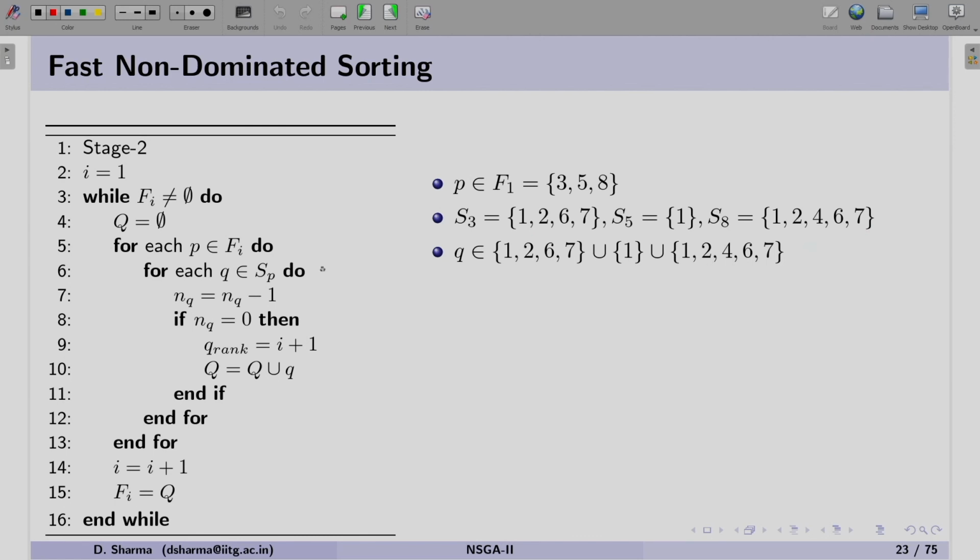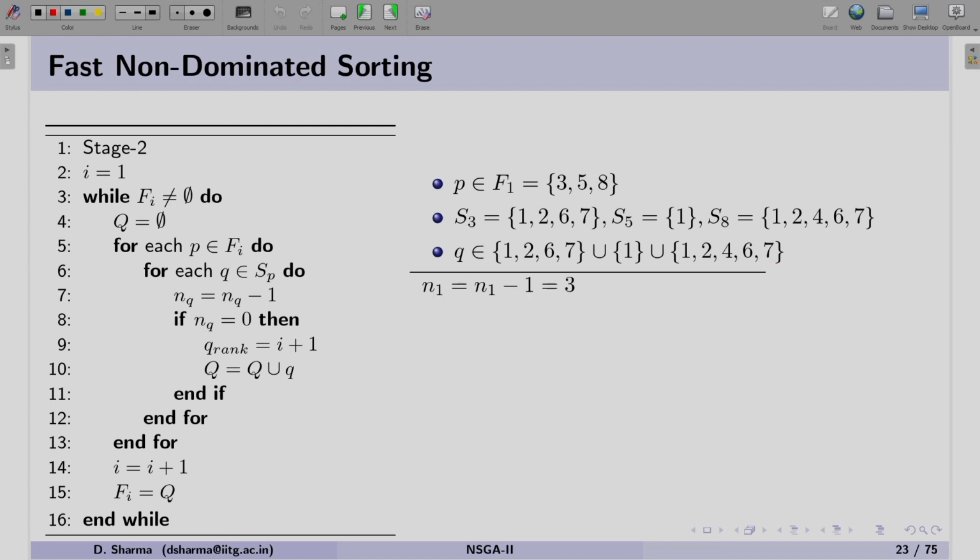Now, if we are going to find the Q, as per our step number 6, Q will belong to 1, 2, 6, 7 union 1 and then union 1, 2, 4, 6, 7. So, these members we are going to take one by one. As suggested in step number 7, we will be subtracting NQ equal to NQ minus 1.